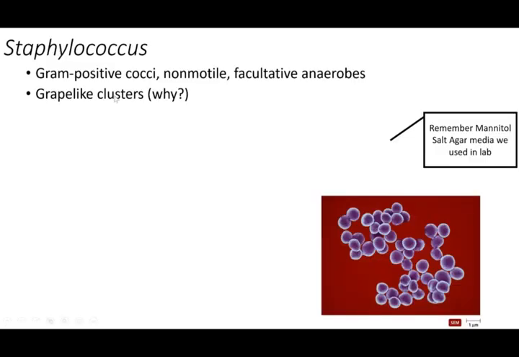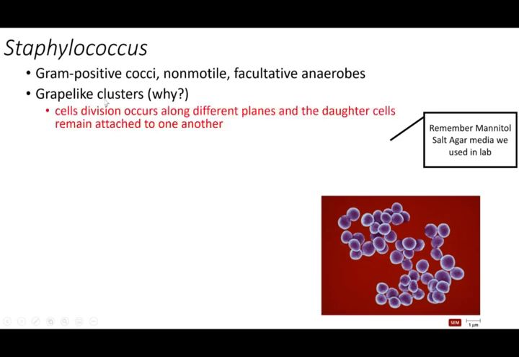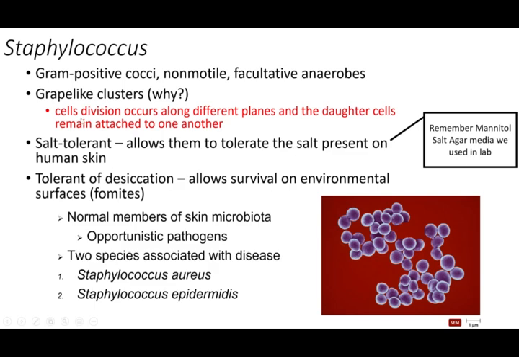So we've talked about Staphylococcus before because it's an arrangement. And so these guys are gram-positive cocci, so purple circles. And they appear in grape-like clusters. And remember why we get arrangements. When some bacteria divide, they fail to completely separate, and so you get cells stuck to one another.